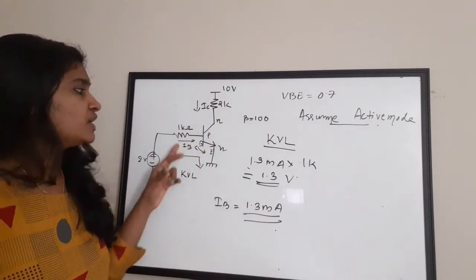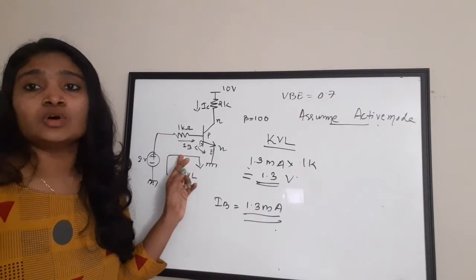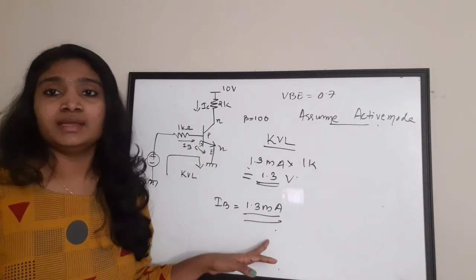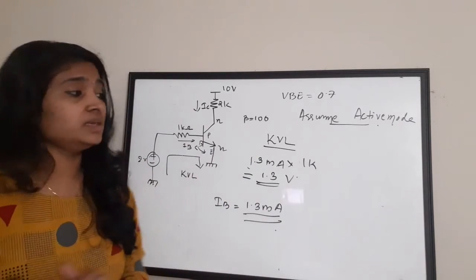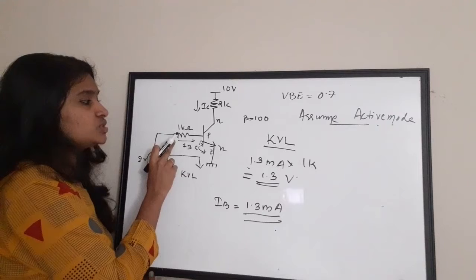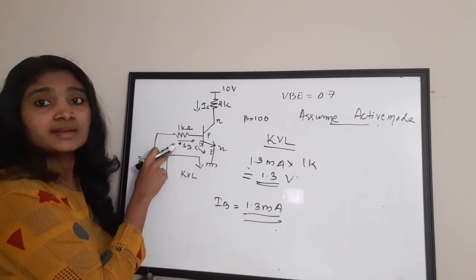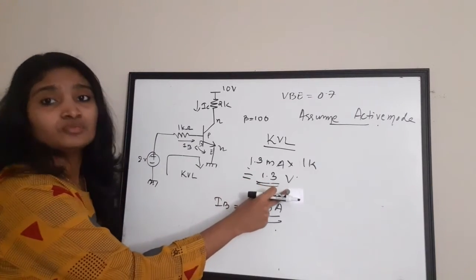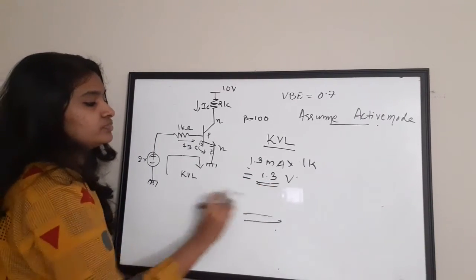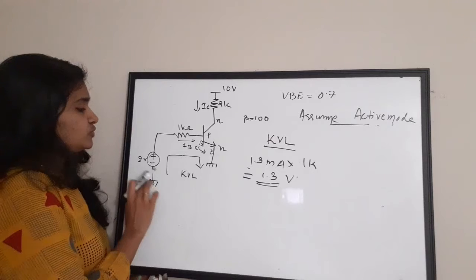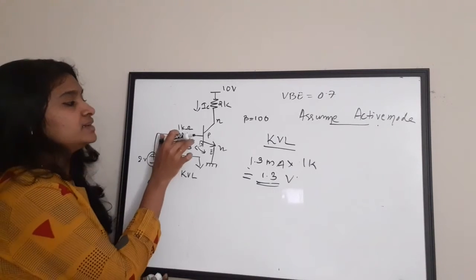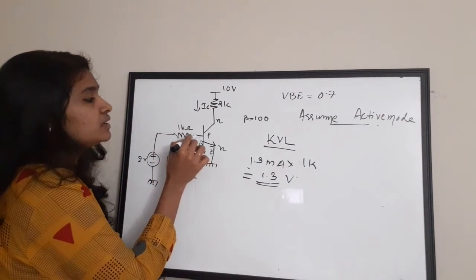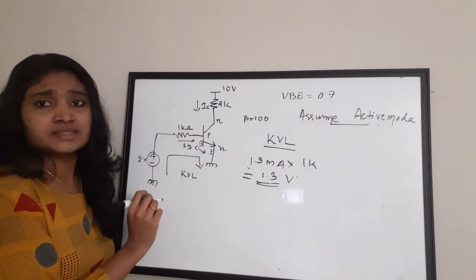From that we obtained the base current IB as 1.3 milliampere, and the voltage drop across this resistor as 1.3 volt. Now, if the total is 2 volt and 1.3 comes across this resistor, the remaining will be coming across the base, right?